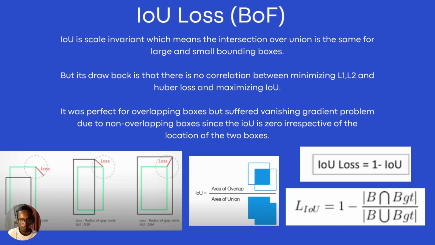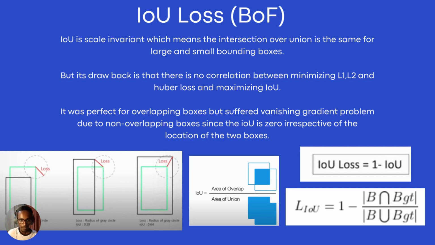Another technique that was implemented was the IOU loss. We have seen previously about IOU, computed as the area of overlap between two bounding boxes over the area of the union. IOU is scale invariant, which means the intersection over union is the same even if we compute it for large and small bounding boxes.